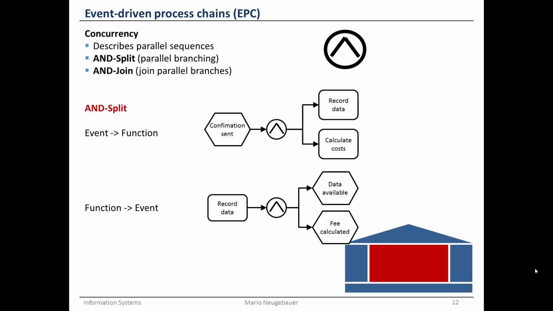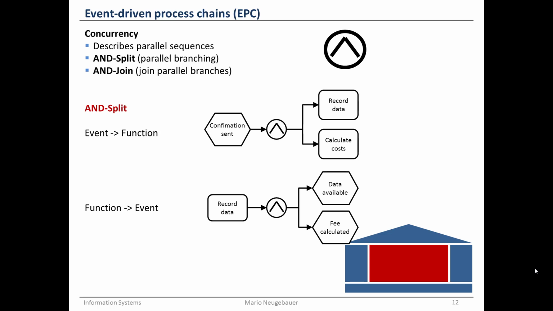And you have to pay attention again to the rules for the event-driven process chains. One important rule was to let functions only follow events. So the same here, even if you have such an AND split in your process chain, you have an event, then you have the AND split, and after that you are allowed only to have a function.